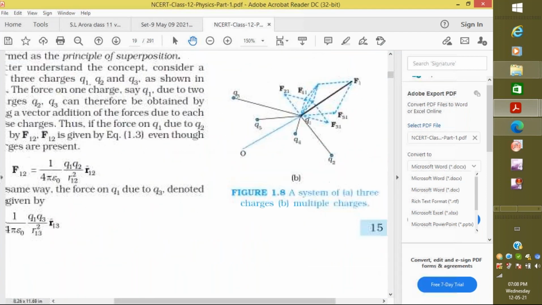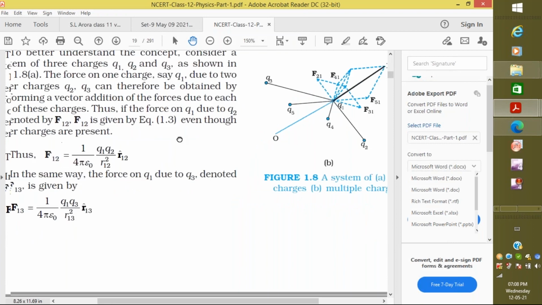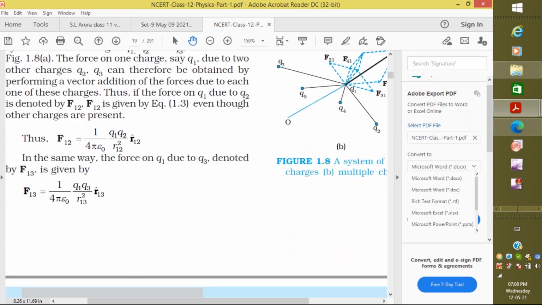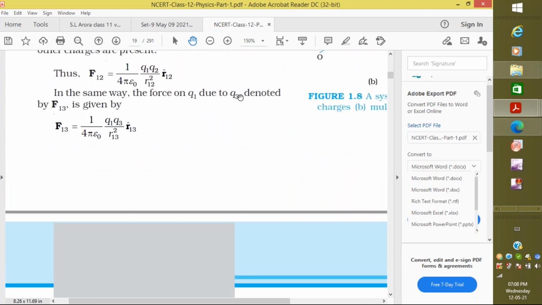So there, they have calculated the force on Q1 due to all other charges Q2, Q3, etc. They calculated the individual forces. When they consider the charge Q2, they don't see all other charges. They calculate the force on Q1 due to Q2 alone. So F12 they have calculated.